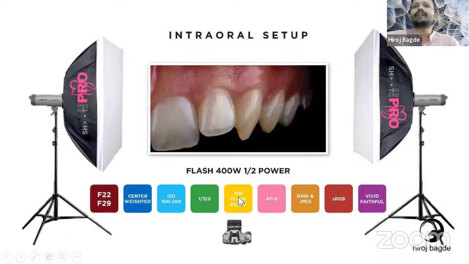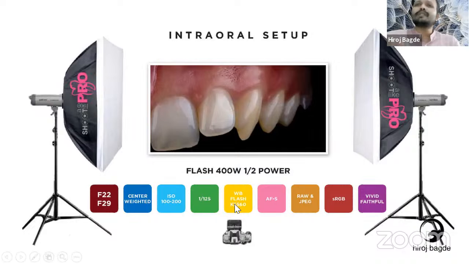Then we have a flash setting. Flash setting is WB, and it is set on auto with a Kelvin temperature of 5560. Now this is to be standardized by use of auto mode of the flash system.